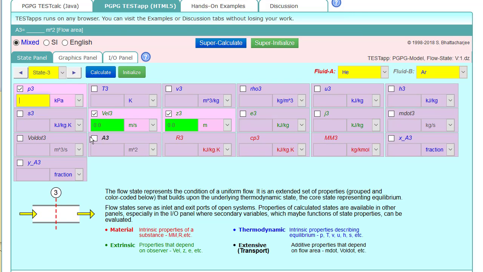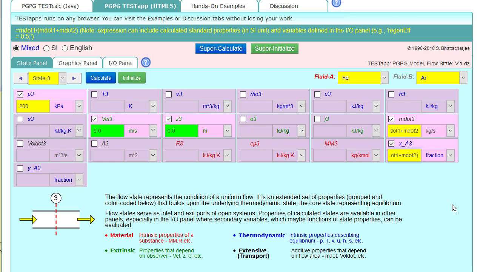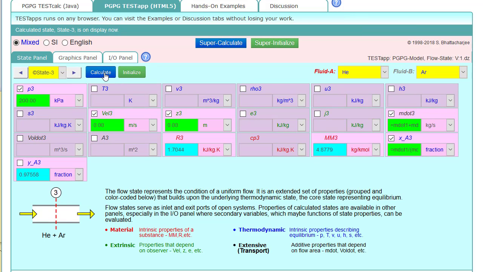We're told it stays 200 kPa. We know that m dot is going to be m dot 1 plus m dot 2. The mass fraction of A, or fluid A, which is helium, is going to be m dot 1, because that was the helium flow, divided by m dot 1 plus m dot 2. Calculate.